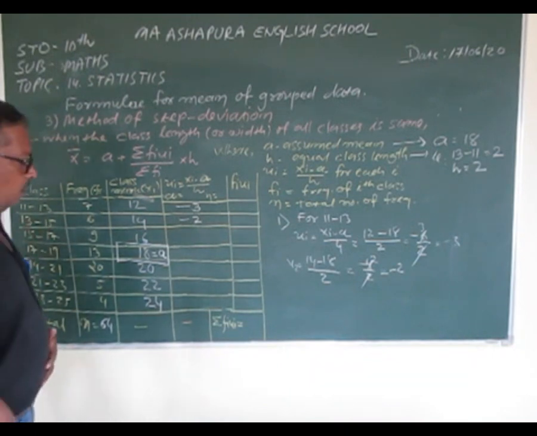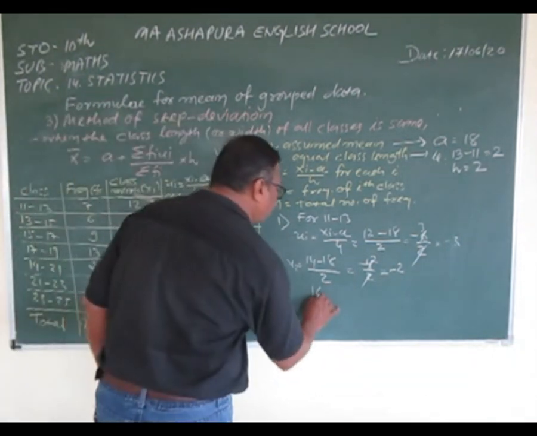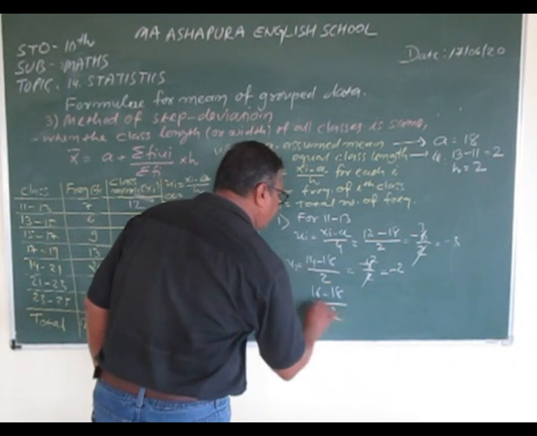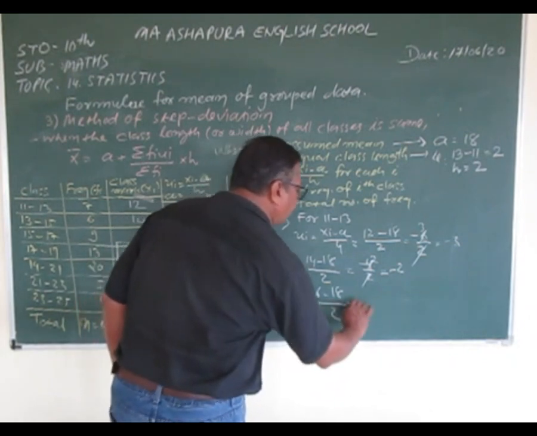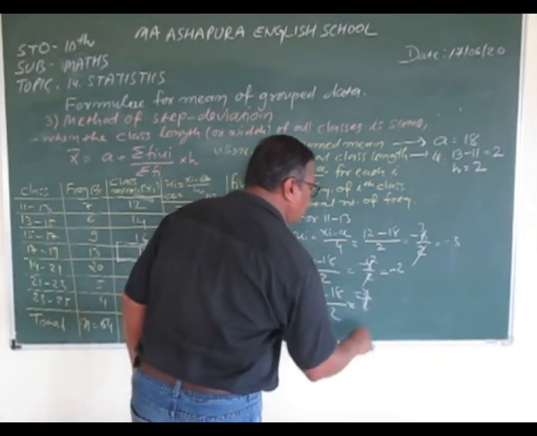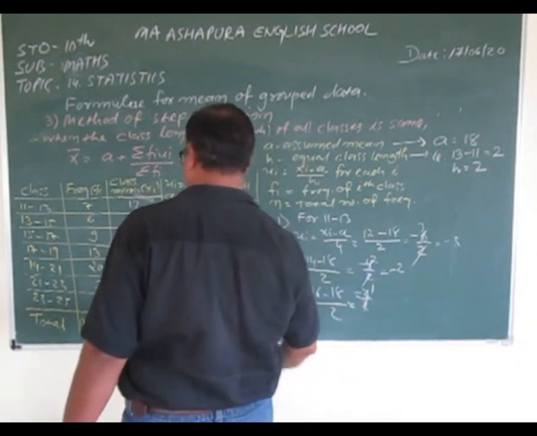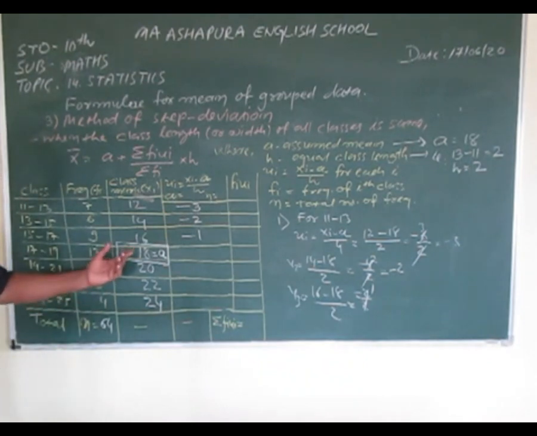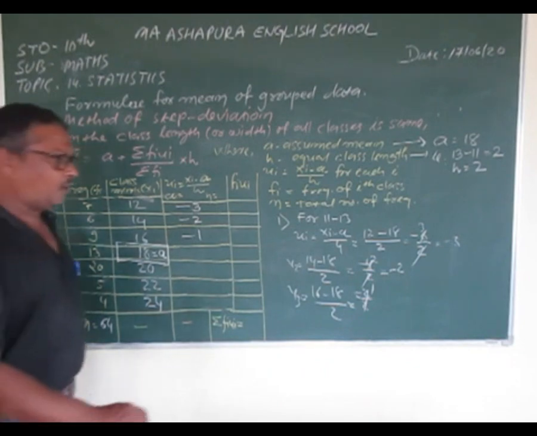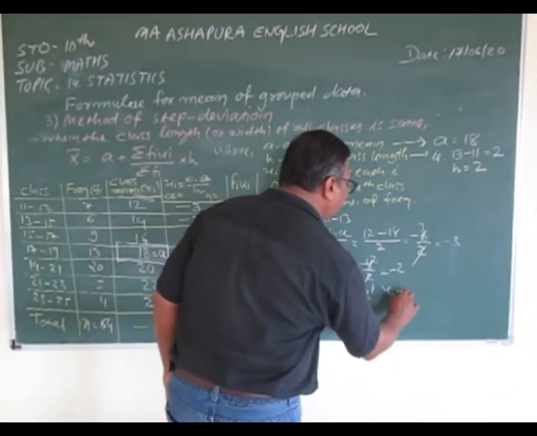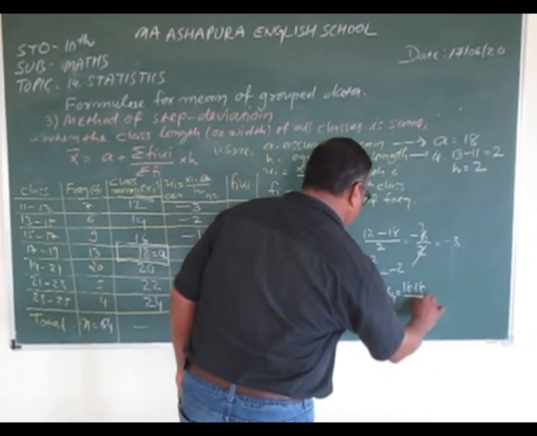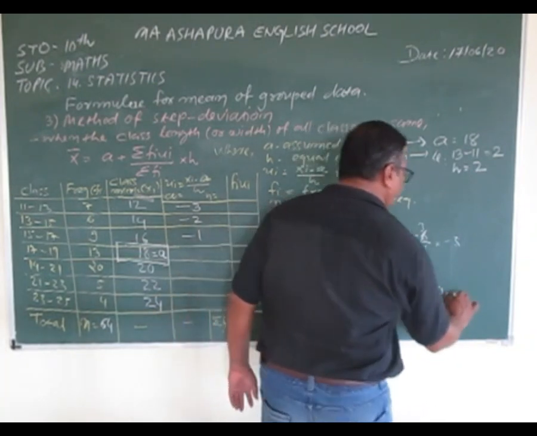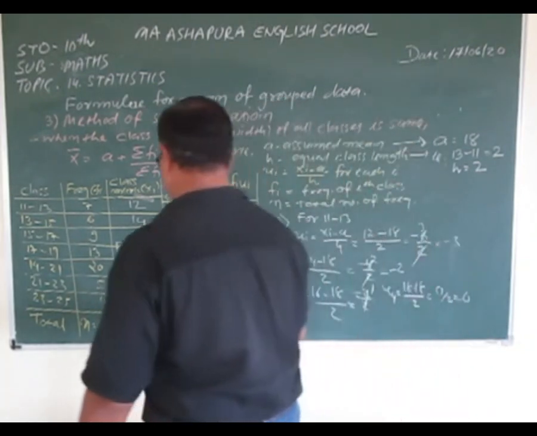For the third, 16 minus 18 divided by 2 and we get minus 2 by 2. 2 1s are 2, and then we get minus 1. Now xi is equal to 18. Assumed mean is equal to 18. Therefore 18 minus 18 is equal to 0, and u4 is equal to 18 minus 18 by 2. 0 by 2 is equal to 0.